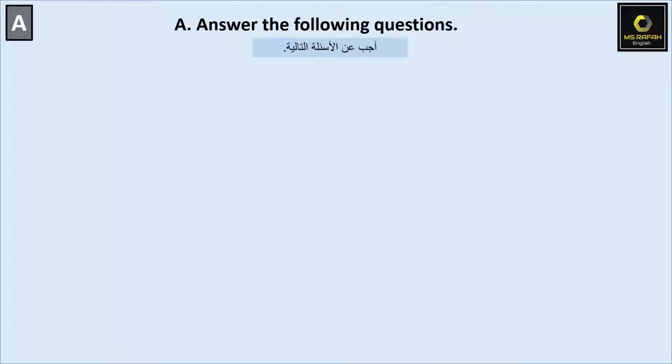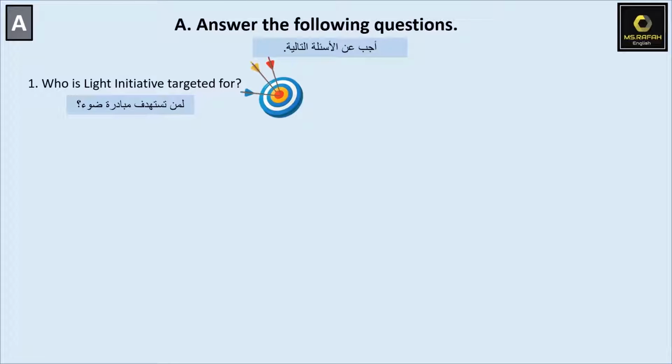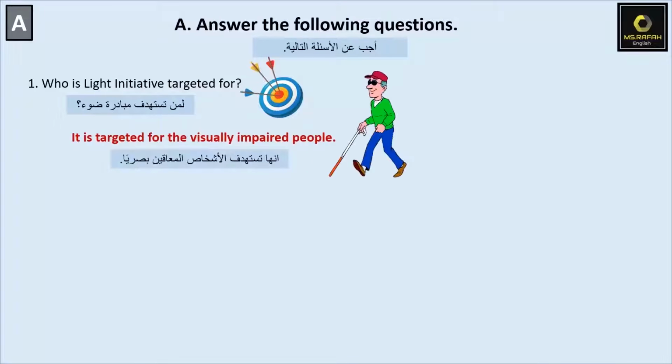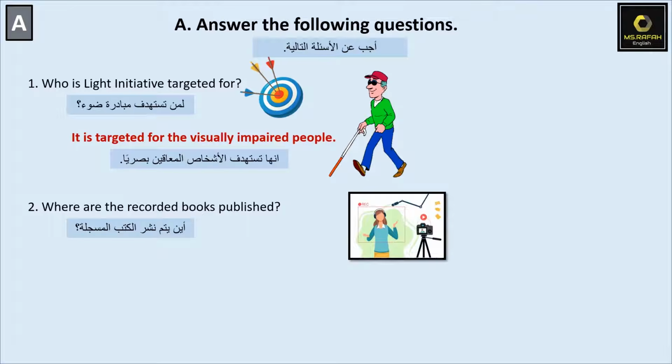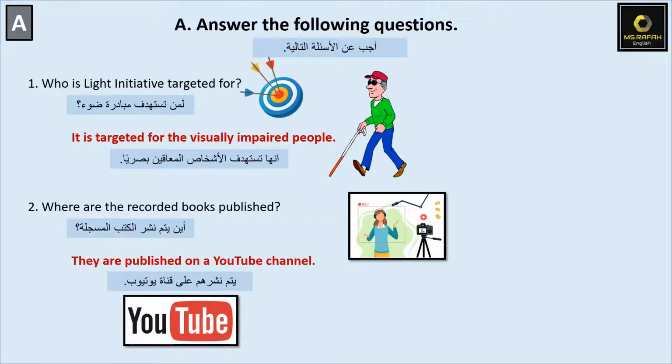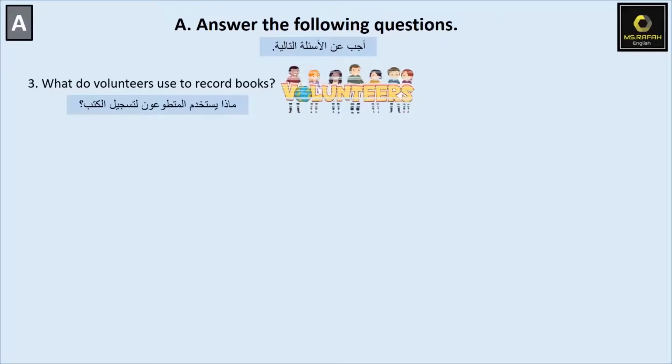Now let's answer some questions. Answer the following questions. Who is Light Initiative targeted for? It is targeted for the visually impaired people. Where are the recorded books published? They are published on a YouTube channel. What do volunteers use to record books?